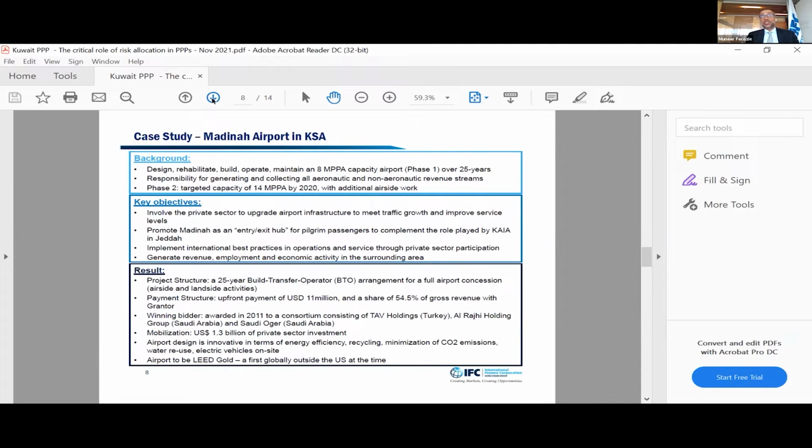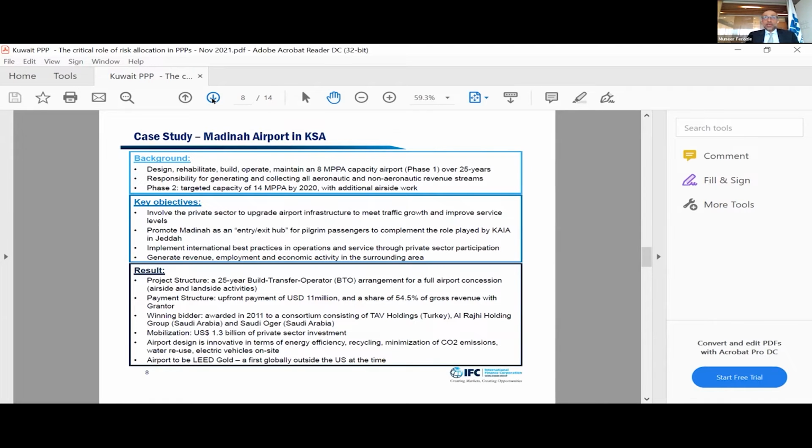The responsibility of generating and collecting all the aeronautical and non-aeronautical revenue streams was also passed on to the private sector. The private sector was asked to do the construction, operations, and maintenance of the airport. The government's role was to provide essential security services, provide the concession as a grantor, and make sure the bankability of the project was protected through some of the risks that I'm going to talk about.